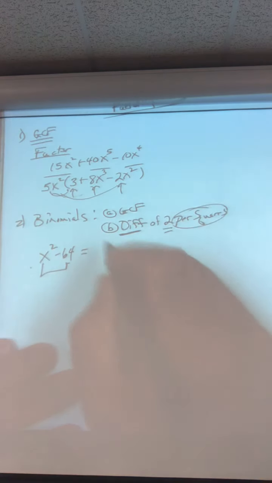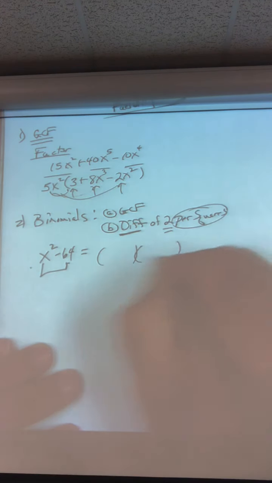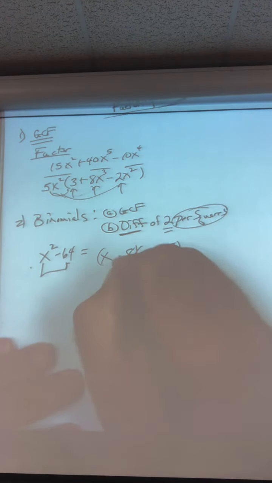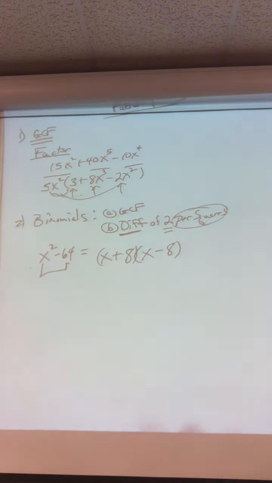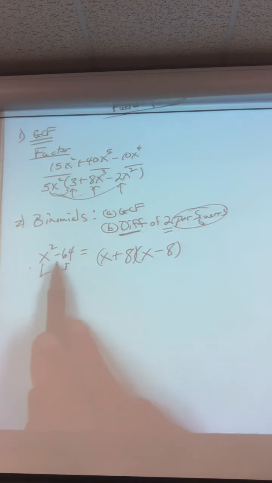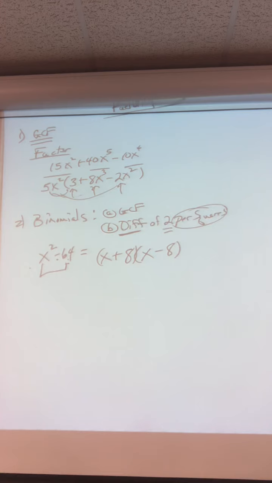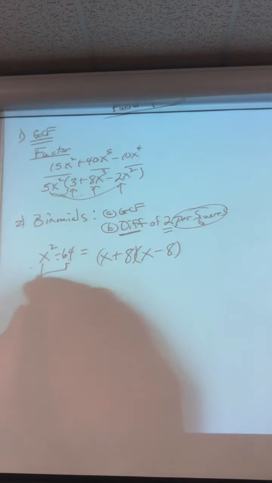Well, x squared is a perfect square, x and x. 64 is a perfect square, 8 and 8. And then one's a plus and one's a minus, because a positive 8 times a negative 8 is a negative 64. Yes, they will always be opposite in signs. No, it does not matter which one you put first. Let me show you another difference of two perfect squares.